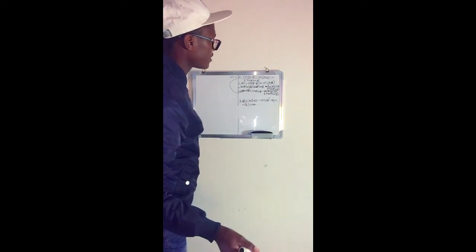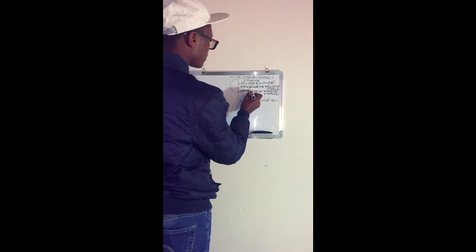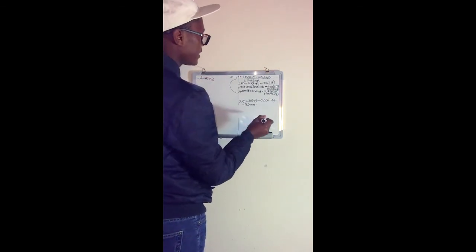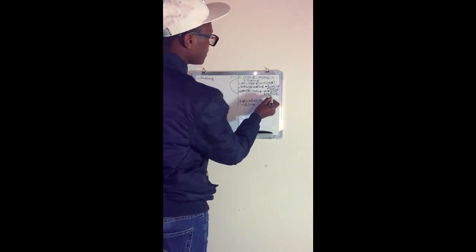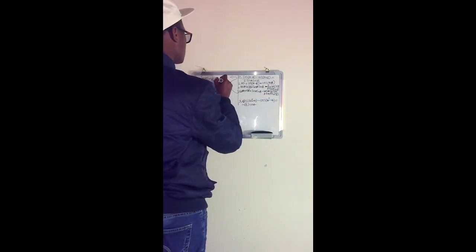So when they cancel each other, we're going to be left with this one, sin A sin B, sin A sin B, and then plus sin A sin B, plus the same thing, sin A sin B.